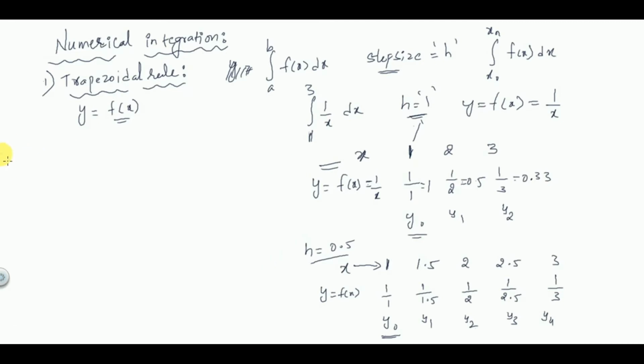Now I am writing the formula for the trapezoidal rule. Integral x0 to xn f of x dx, so x0 to xn, like this they will give you. For example, this is 1 to 3, 1 by x dx.